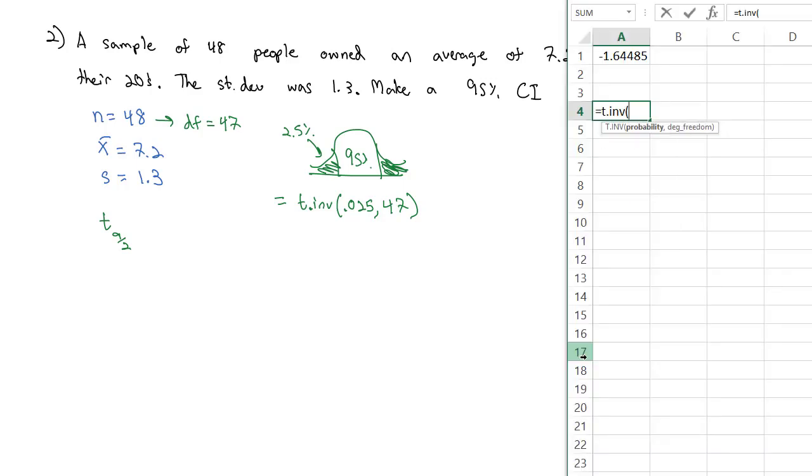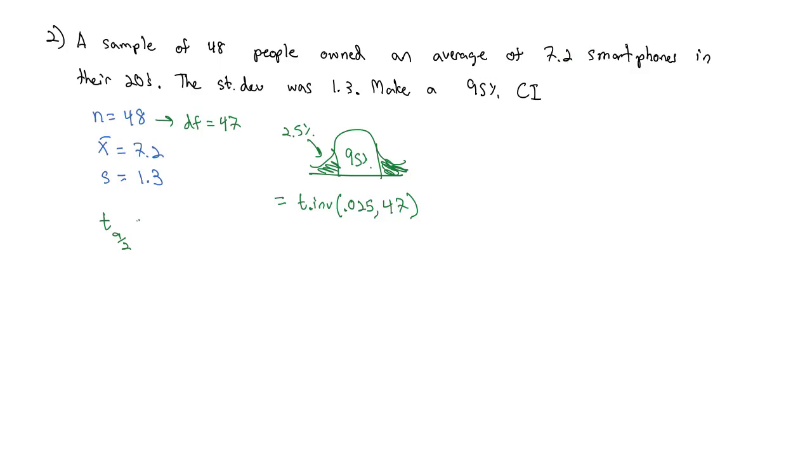And we get our critical value of negative 2.011. We can ignore the negative because we're going to add and subtract it to the mean anyways. 2.011 is the critical value.